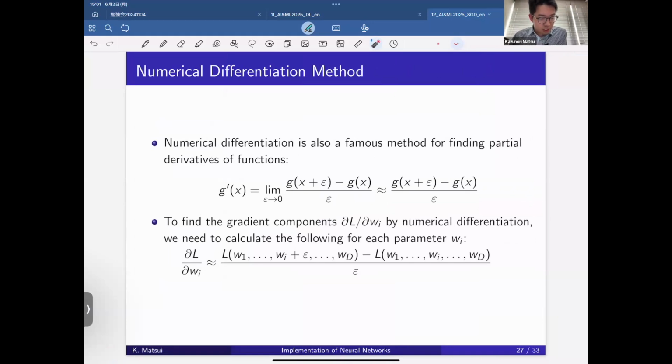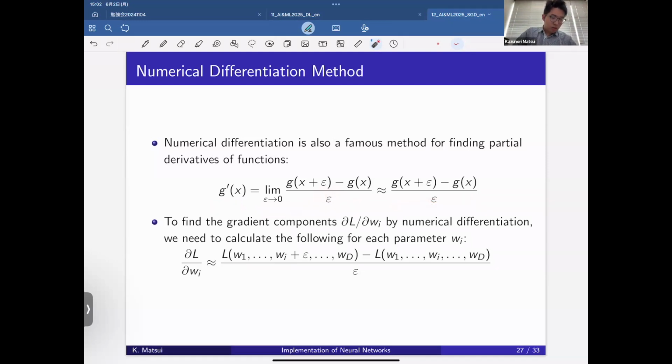The derivative of g was defined like this: the limit of g of x plus epsilon minus g of x divided by epsilon as epsilon approaches 0 is g prime of x. So if we take a sufficiently small number as epsilon, we can approximate g prime of x. And this is the motivation behind numerical differentiation.